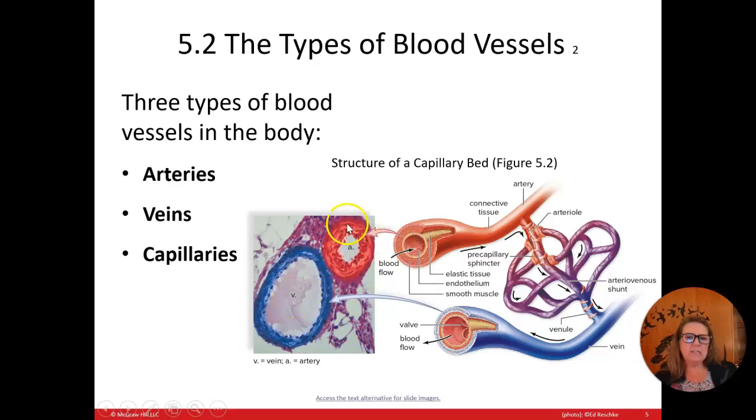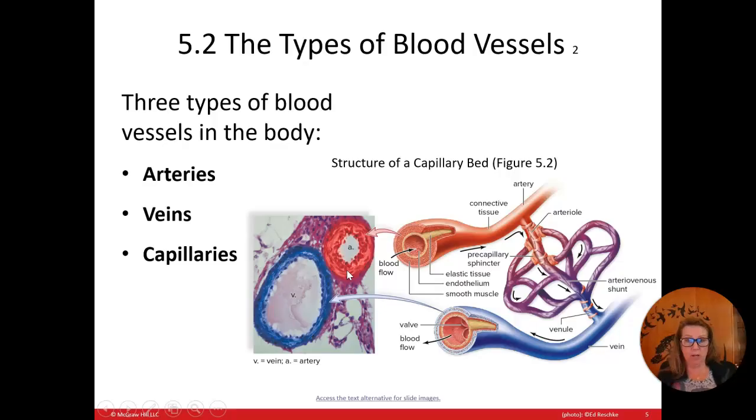Arteries are fairly thick-walled. Now, when we think about our three types of muscle tissue, skeletal, cardiac, and smooth, it doesn't take much elimination there to realize it's not associated with the skeleton, it's not associated with the heart. So this is smooth muscle. There's a very well-defined, rather large area of the wall of the artery that's made up of smooth muscle.